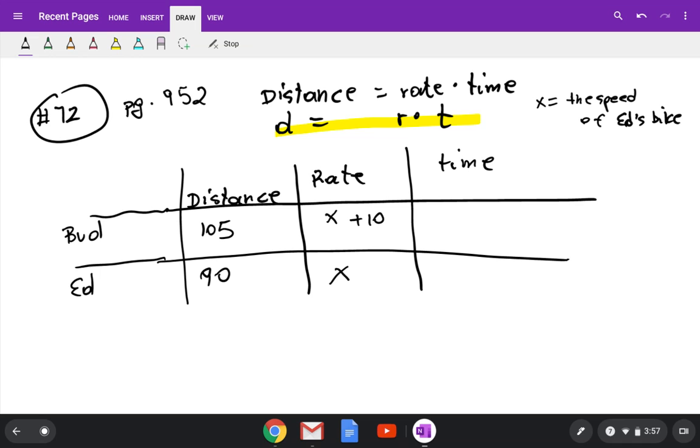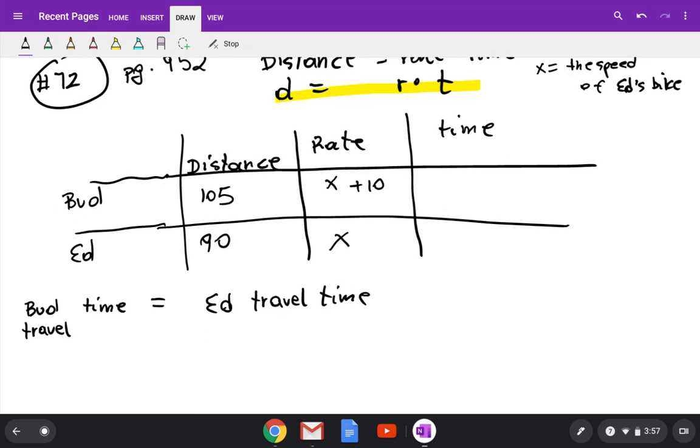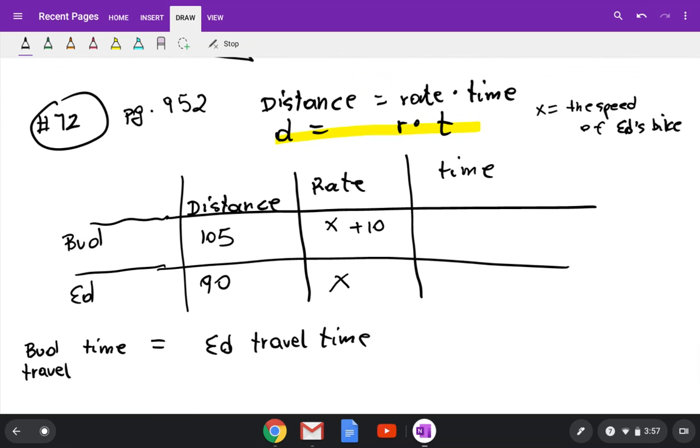So you're going to use the information that the riding time is the same for both. You don't want to introduce an extra variable for time.